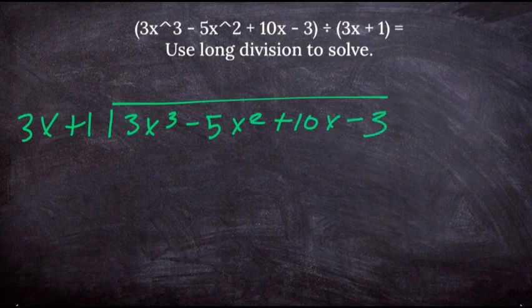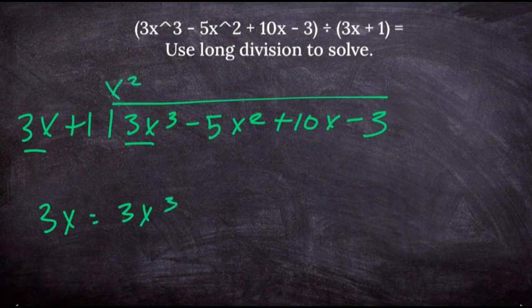All right. So now we have to just apply the same concepts. We have to take our first term and make it equal to our first term again. 3x needs to be equivalent to 3x to the third, and we can multiply by x squared to do that. Now we did that, we can't leave the 1 by itself, so we also have to multiply by x squared to 1.